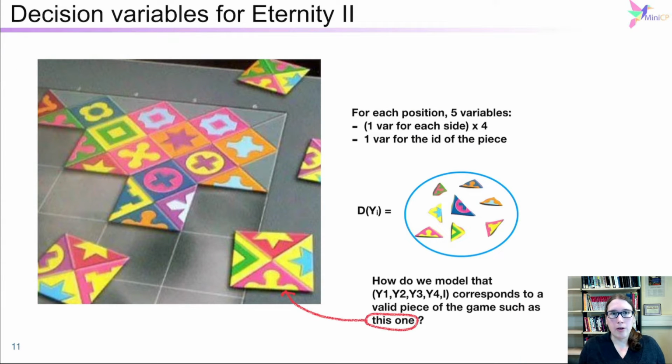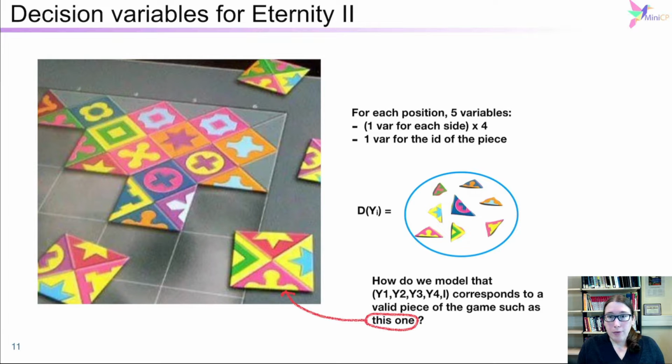So, how are we going to model this? First, when we model something, we need the variables. The variables will be what color we have on each of the tiles of the board, so what will be directly on the board.